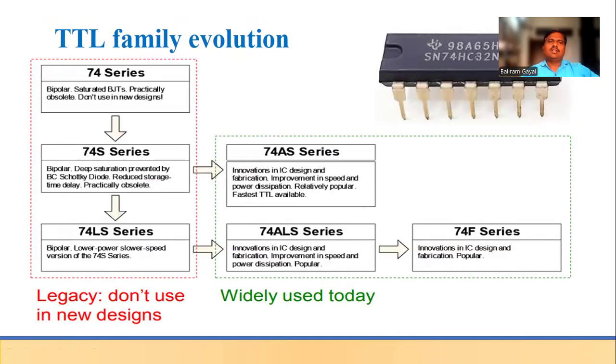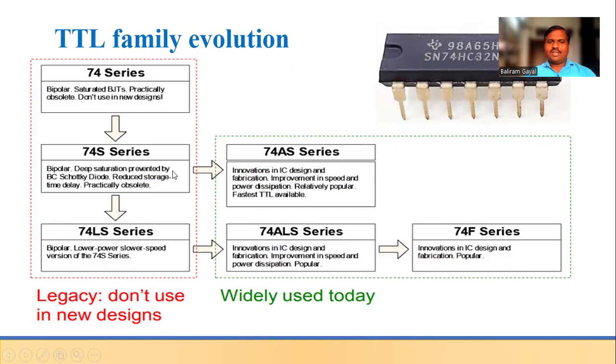Now the evolution of this transistor logic family. Oldest is the 7400 series, constructed using bipolar saturated BJTs, and practically obsolete, not used nowadays. Then 74S series. Then after that the 74LS series. Again, it is using bipolar, lower power, slower speed version of the 74S series.